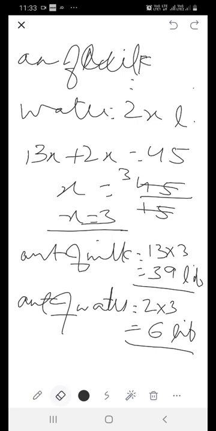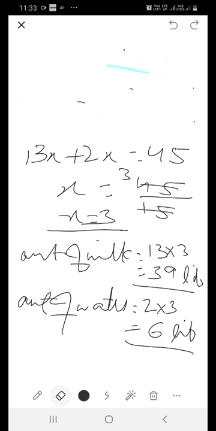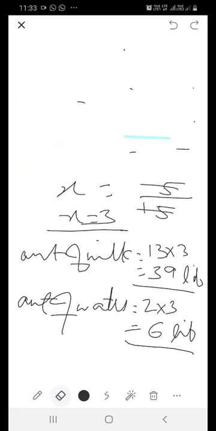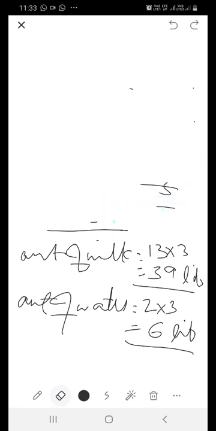Now we are going to take, let the amount of water added be y liter. We cannot take x again because x I have already used.